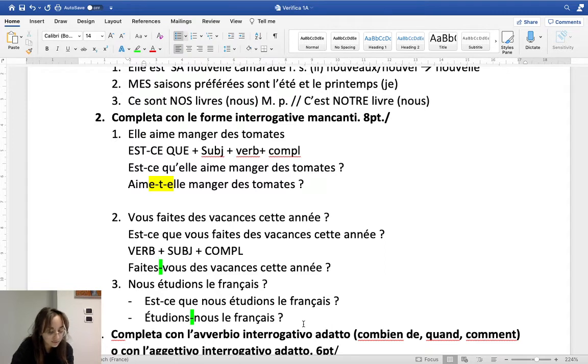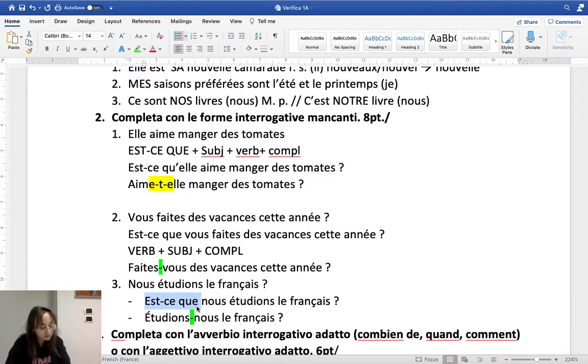Transformez les phrases à la forme interrogative première et deuxième forme. So the first form, the one with just the question marks at the end, and the second form, so with the est-ce que before. So you can do the exercise and then come back and check it with me.